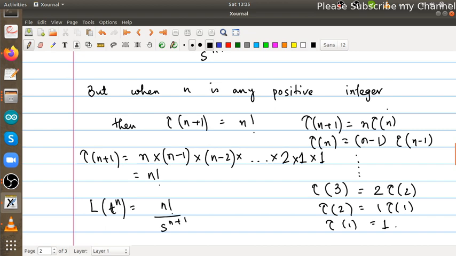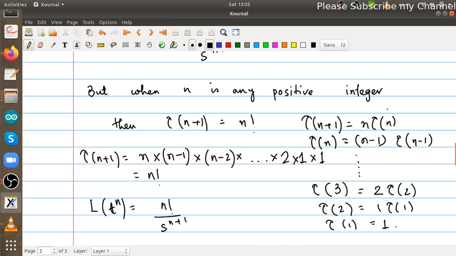Then we see that after continuing doing the same thing, gamma 3 equal to 2 gamma 2, which is equal to... gamma 2 is equal to 1 gamma 1, gamma 1 is equal to 1.